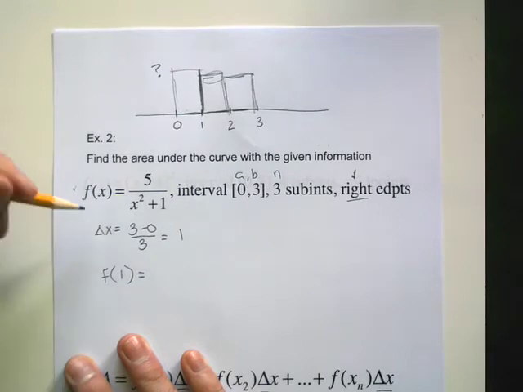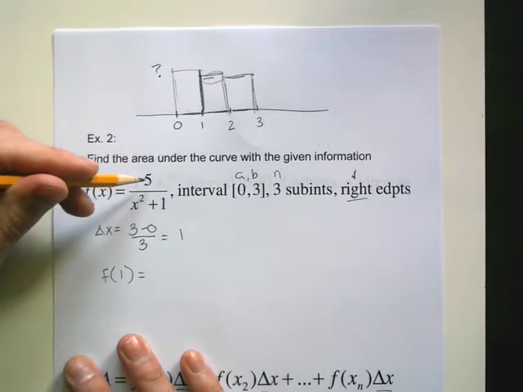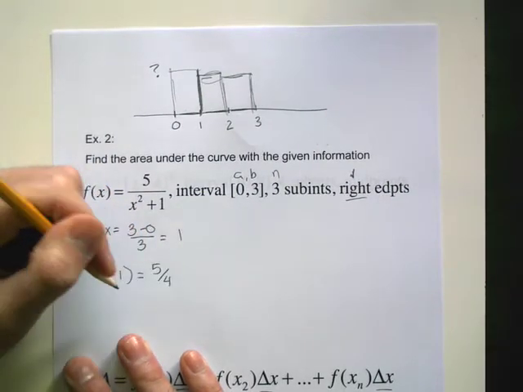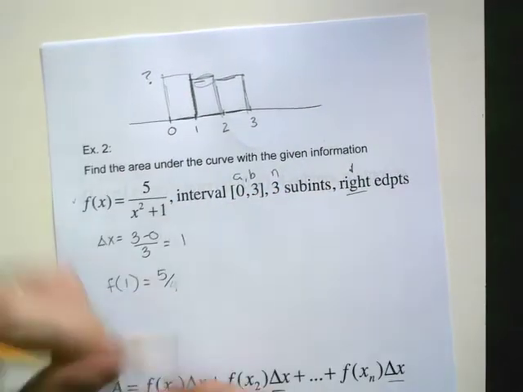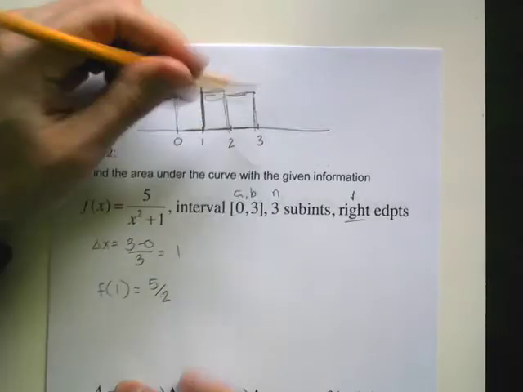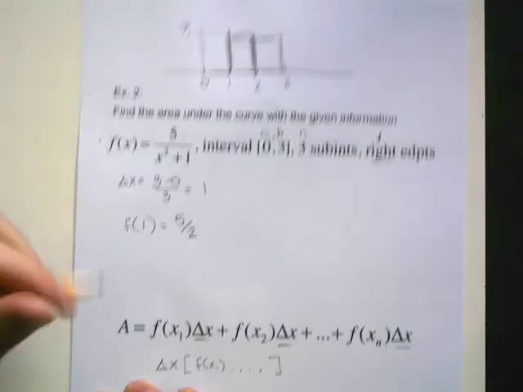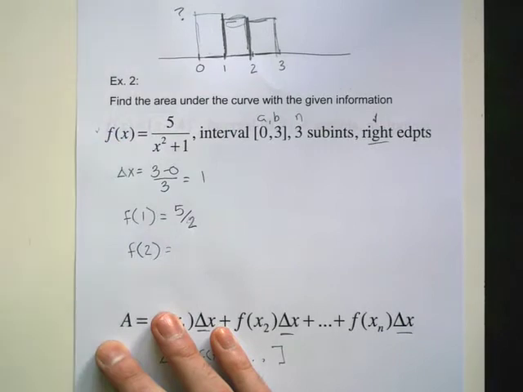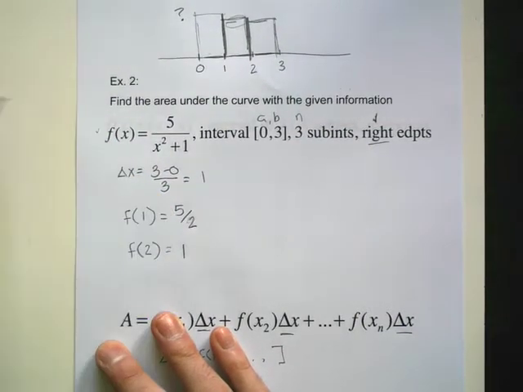Okay, and just like in my last problem, I take that value and I plug it into our function. 5 over 1 squared plus 1 is 5 over 2. Oops, not 5 over 4, 5 over 2. Then I go to my next rectangle and I'm using the right endpoint again, so I'm using this value right here, so that's going to be f of 2. 5 over 2 squared plus 1 is going to be 5 over 5, which is just 1.